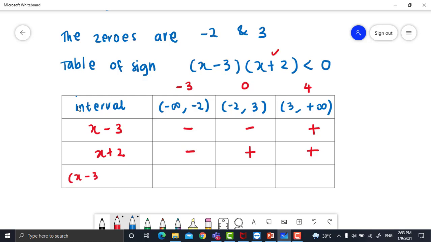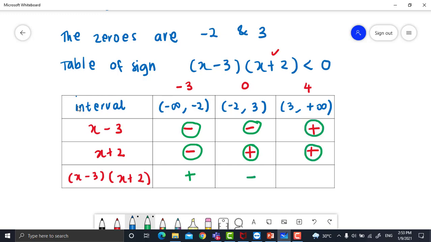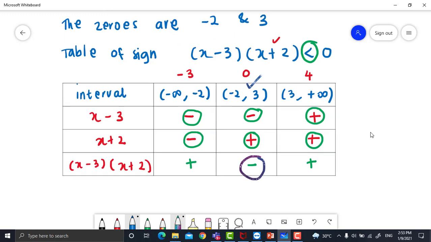So x minus 3 multiply x plus 2: negative multiply negative, positive. Negative multiply positive, negative value. And positive multiply positive, positive value. Since x minus 3 multiply x plus 2 less than 0, less than means negative value. So you choose this negative sign, so this interval negative 2 to 3. Therefore, the solution is negative 2 to 3.